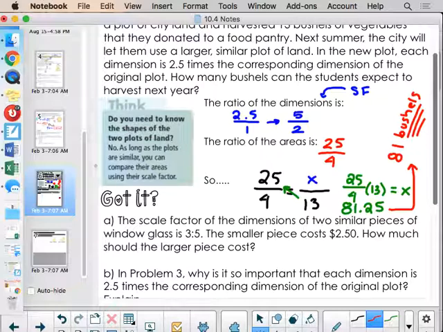Yes, Leah? If it had been like 81.75, would you still round down? I would probably round down in this type of problem. I would like to believe that if there is a question on your assessment with this, I made sure that it was not going to end in such a funky number.